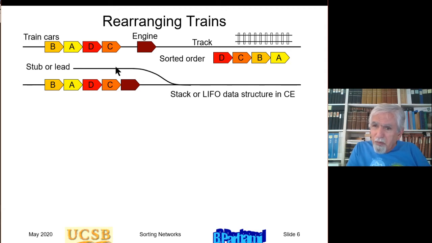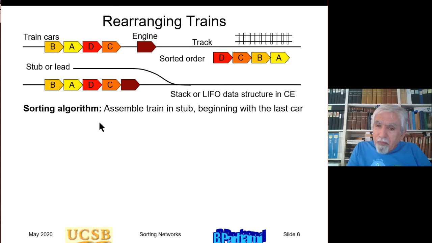So the cars that went into the stub beforehand are stuck behind the last car that I put in, and I can't pull those out. What I can pull out first is the last car I put in. So that's why it's called the last in, first out structure, or data structure in the case of computer science.